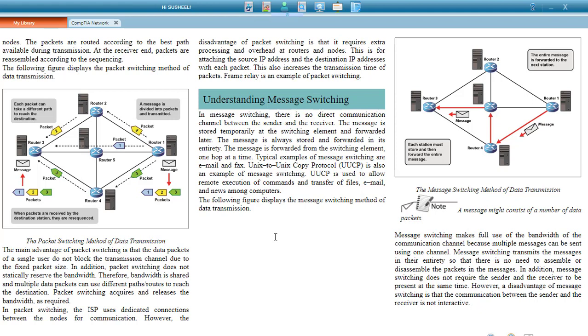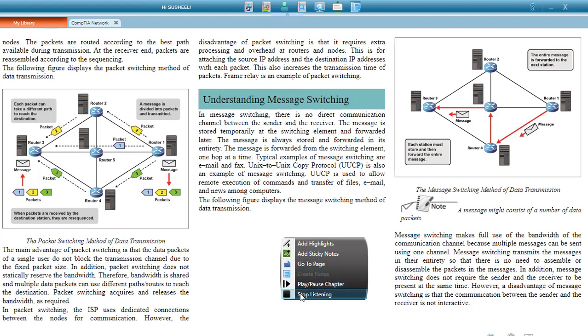Typical examples of message switching are email and fax. Unix to Unix copy protocol, UUCP, is also an example of message switching. UUCP is used to allow remote execution of commands and transfer of files, email, and news among computers.